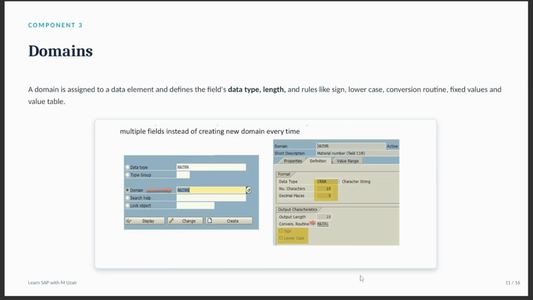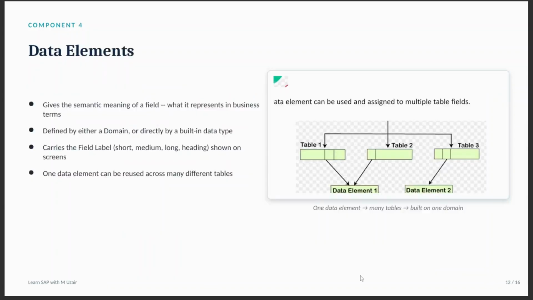Okay, let's cover data elements further. Since data types are discussed, I just used the word data element. So what is a data element? If a domain is the technical DNA, a data element is the business meaning layered on top. That's the second difference also.